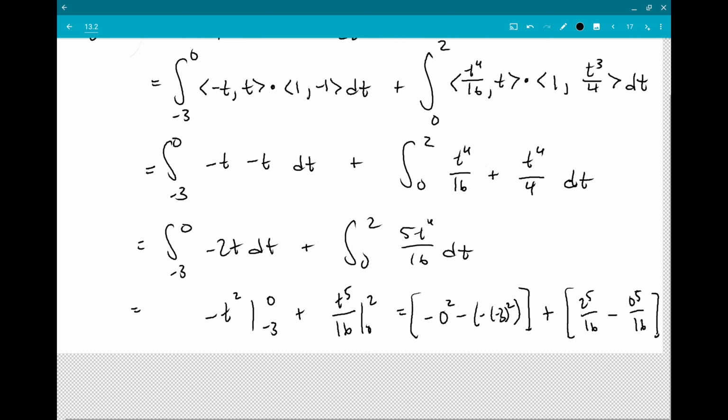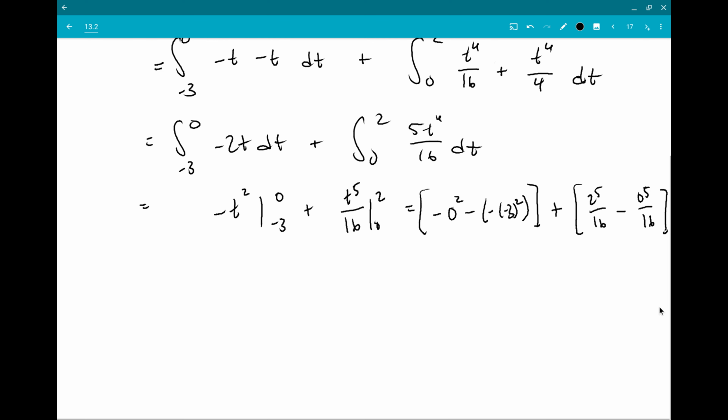And I'm just going to shift this down because I don't feel like going to a new page for arithmetic. So that's 0 plus 9 plus 2 times 2 is 4. 4 times 4 is 16 times 2 is 32 over 16.